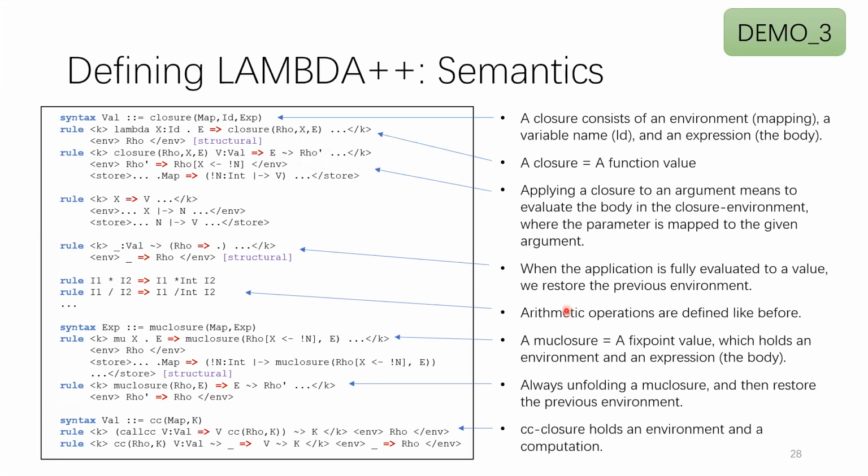Note that in the store cell, we rewrite the .Map to this new binding. This is the typical way we add new things to a mapping: by matching on the empty map and rewriting that to something else. So this !N notation asks K to generate a fresh value. So we use it to generate a fresh location.